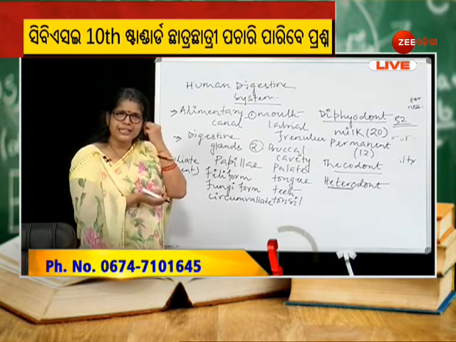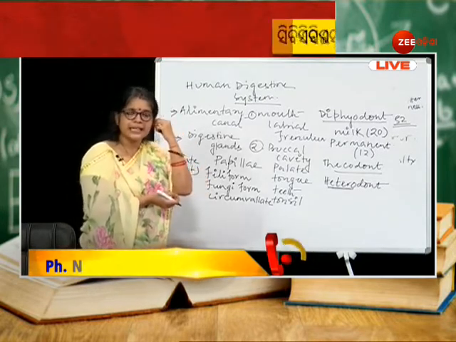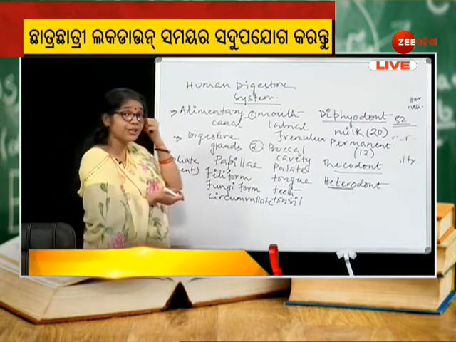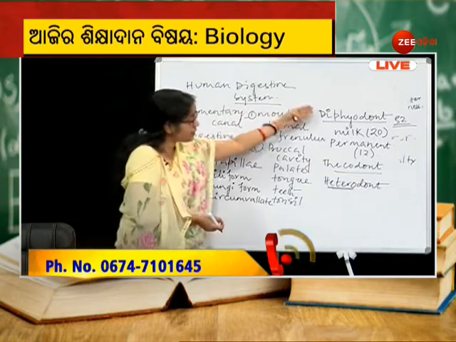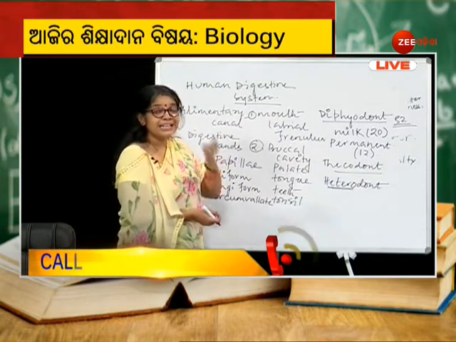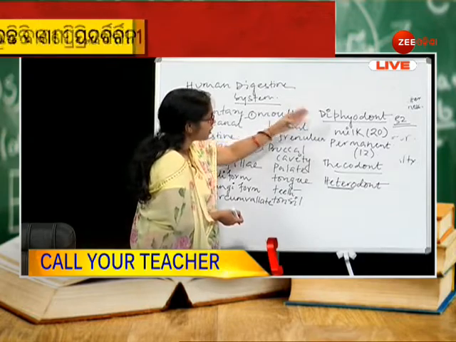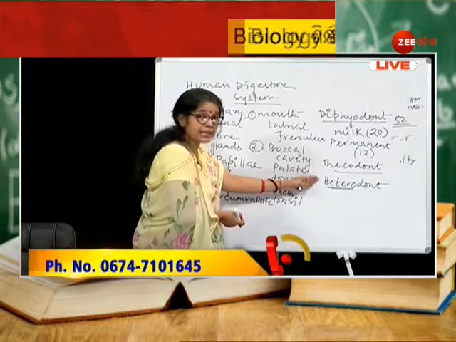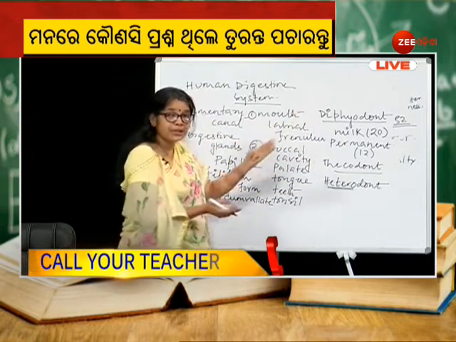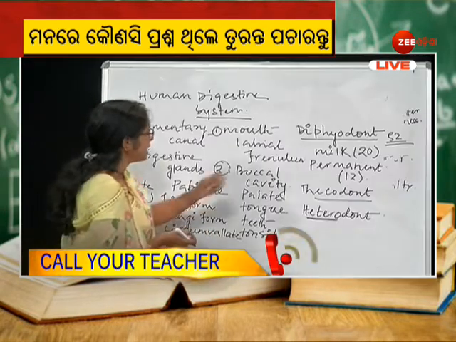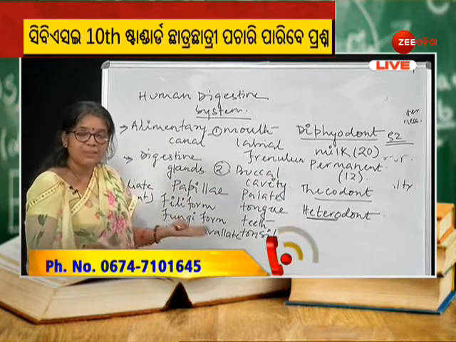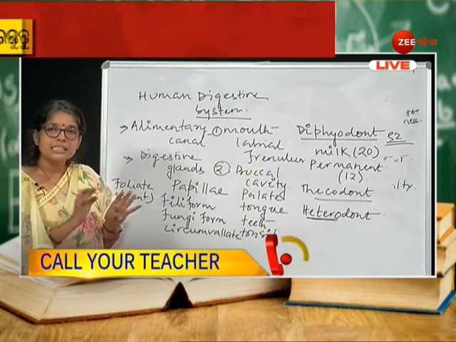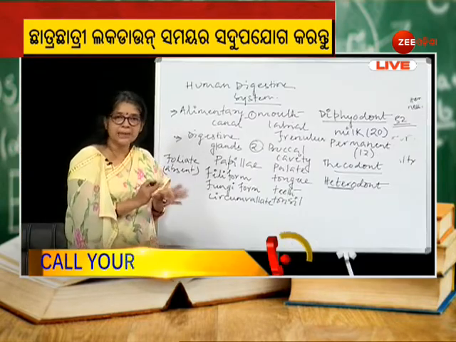So according to different criteria, human teeth can be diphyodont, thecodont, or heterodont. Diphyodont is completely based on origin. Thecodont is completely based on attachment. Heterodont is based on the similarity in the size or shape of the teeth.